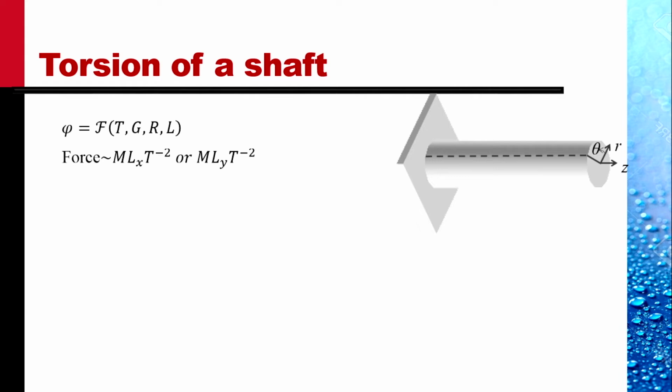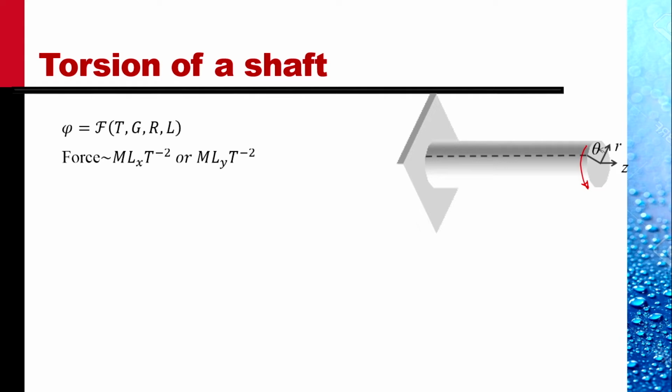The force that is twisting the shaft, in fact, is a torque that is twisting the shaft. The torque arises because of force that we apply, and the force would have a dimension M Lx T raised to power minus 2 or M Ly T raised to minus 2.